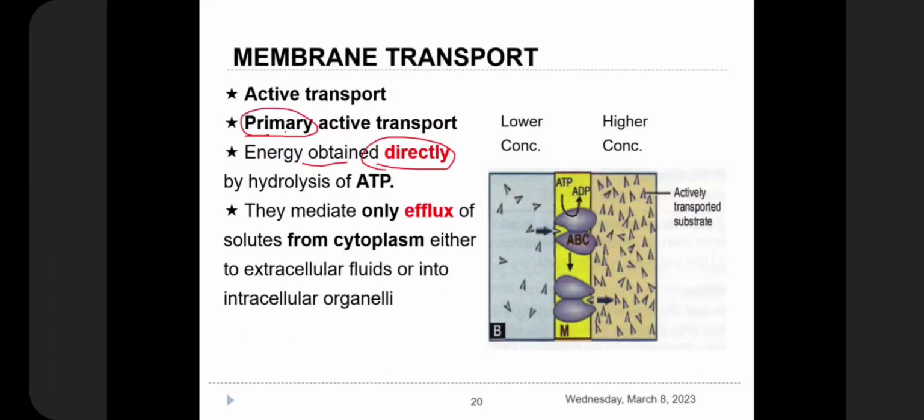It moves solute from the cytoplasm, maybe into some organelle, or maybe out to the extracellular side. The energy comes directly from ATP.